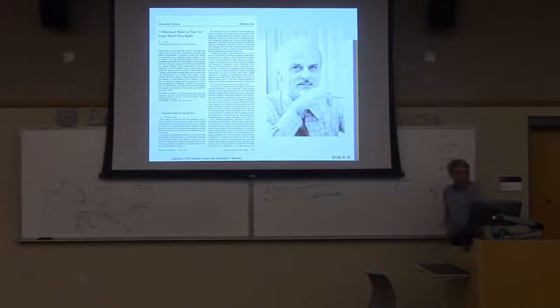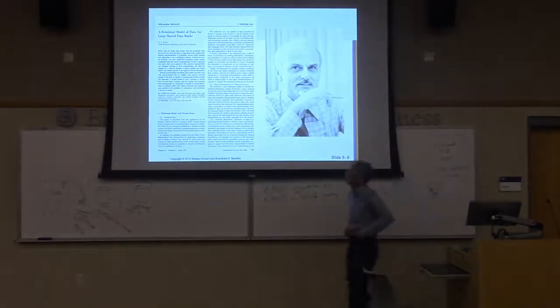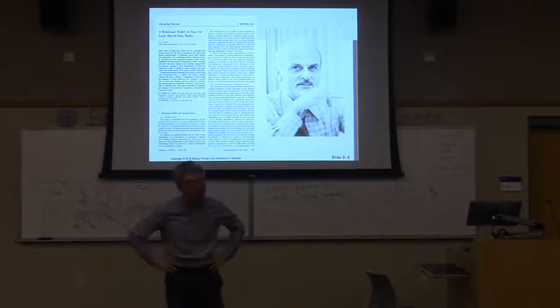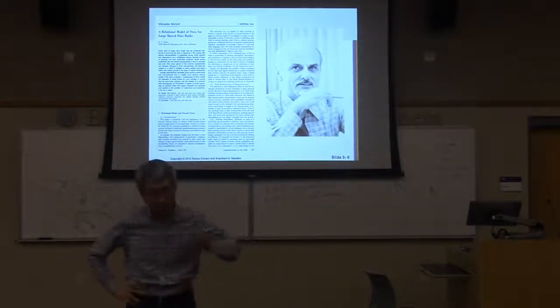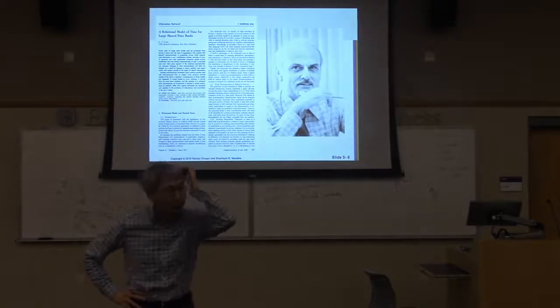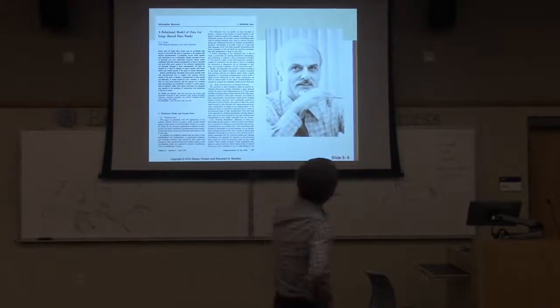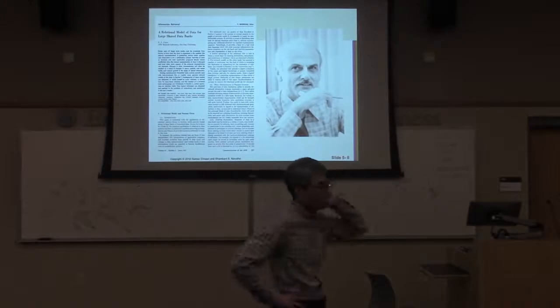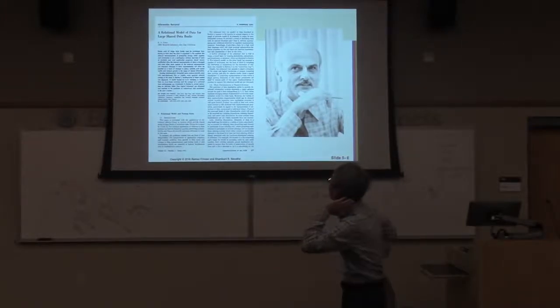Have you ever seen this photo before? His name is E.F. Codd, Dr. E.F. Codd. He was a researcher at the IBM T.J. Watson Center, and his publication, the paper, is A Relational Model of Data for Large Shared Data Banks.